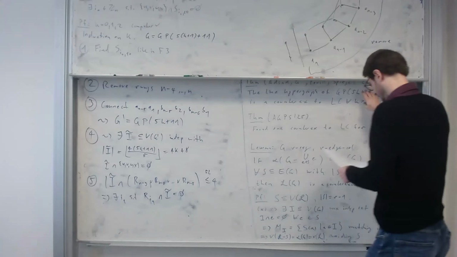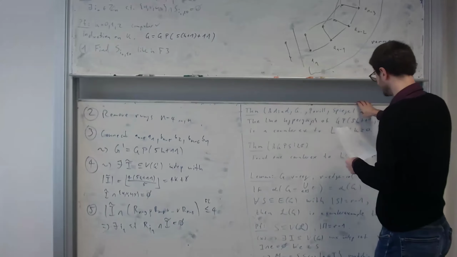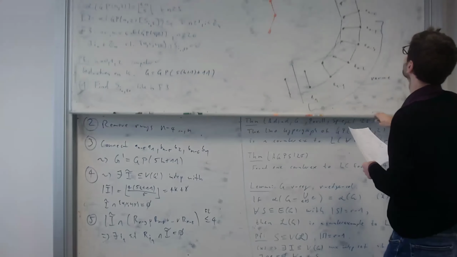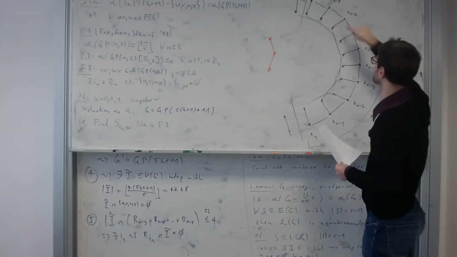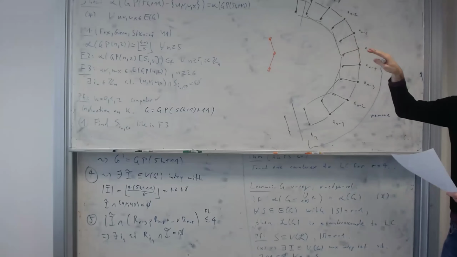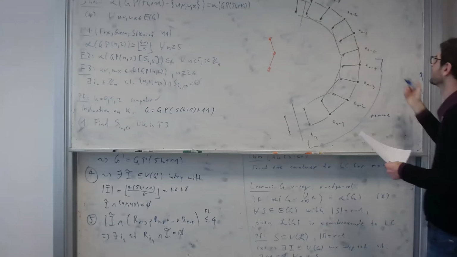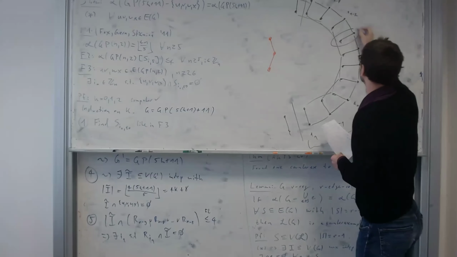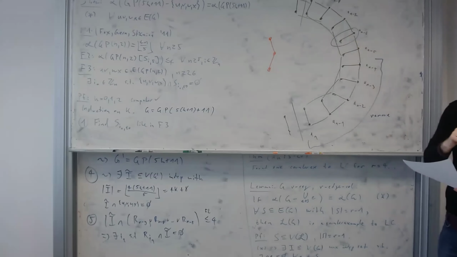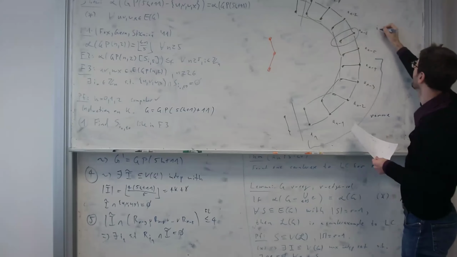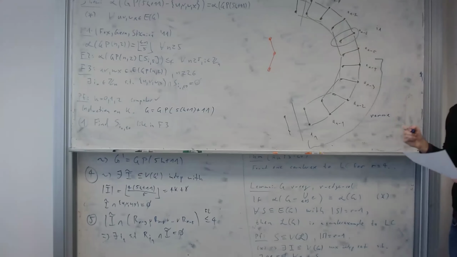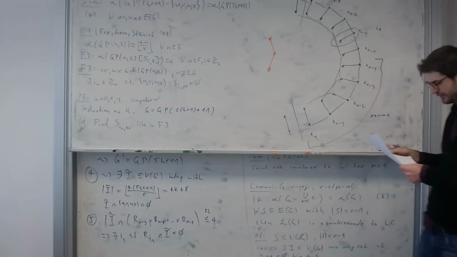Yeah. So let's show it in the picture. If we look at the first 5 ones, we know that only 4 of them can intersect the independent set, only 4 of these rungs. So let's assume for the sake of argument that this one is not intersecting the independent set. So this is my I1, and this one does not have an element of the independent set.